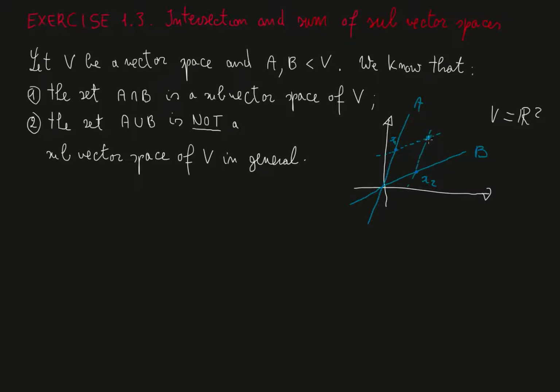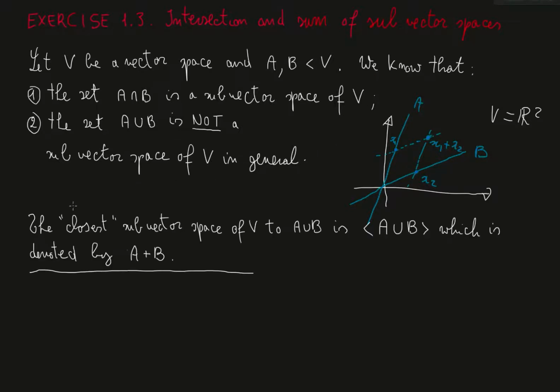So x1 plus x2 is going to lie somewhere here, which of course is not in A and is not in B. Therefore, it falls outside both A and B. So this shows that in general, the set-theoretic union of two subvector spaces is not a subvector space of V because it does not respect the closure with respect to the sum.